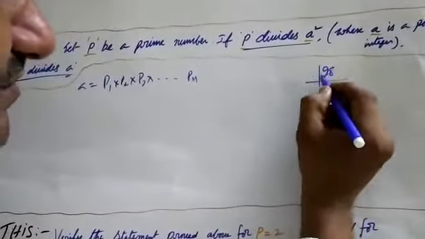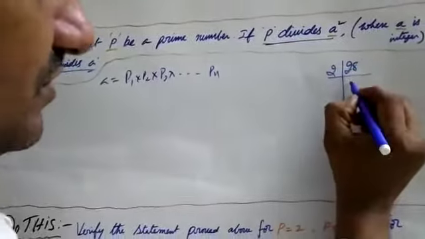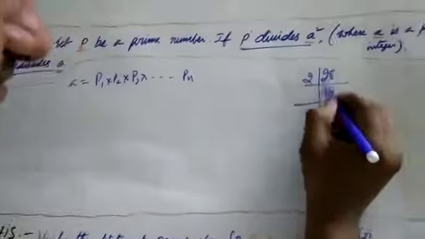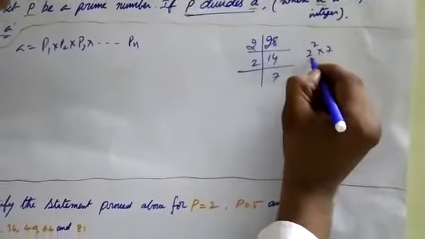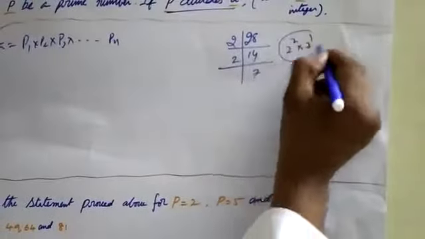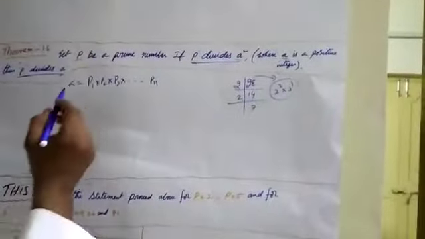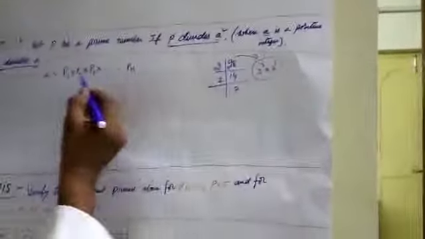For example, you take 28. What is the prime factorization of 28? This is an even number. Even prime is 2: 2 14s, 2 7s. What is this? 2 square into 7. 2 is a prime number, 7 is a prime number. Like this is the prime factorization of 28.